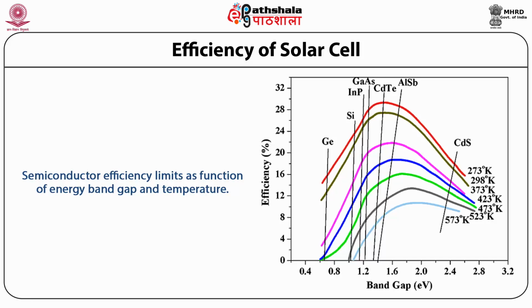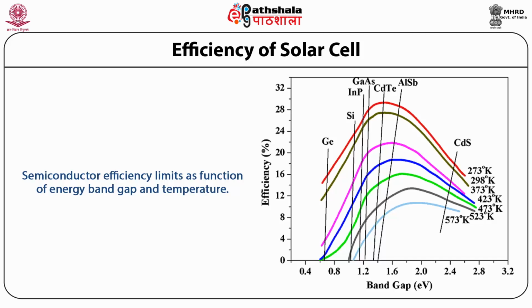It can be observed that the maximum efficiency is a strong function of temperature, and the optimum band gap shifts upwards with an increase in temperature. At room temperature, the peak efficiency is observed for band gaps ranging from 1.4 to 1.6 electron volt, that is 26 to 29%.